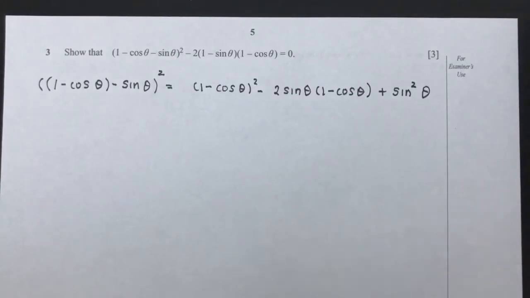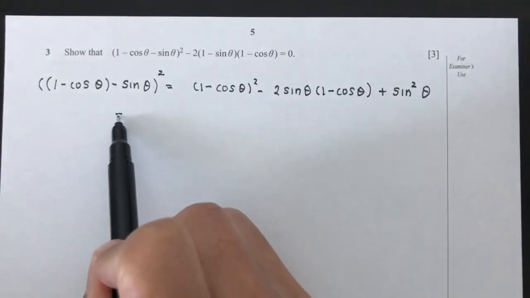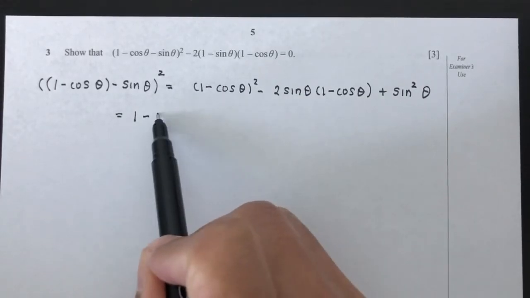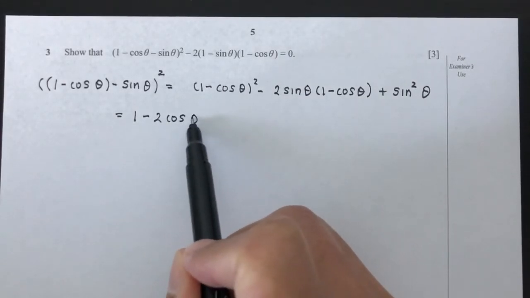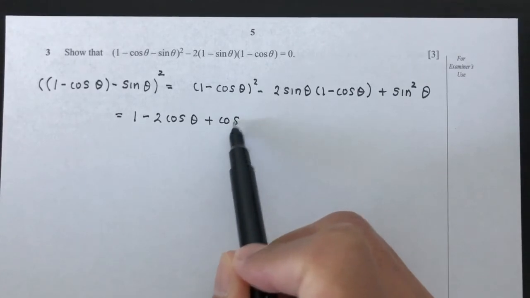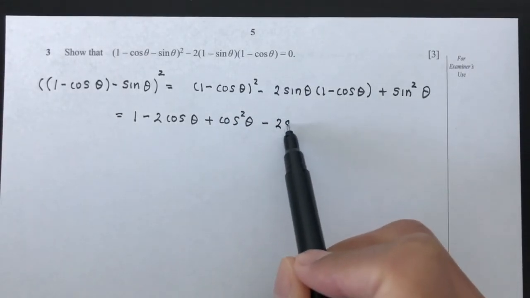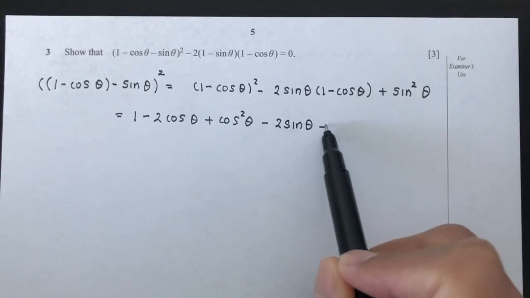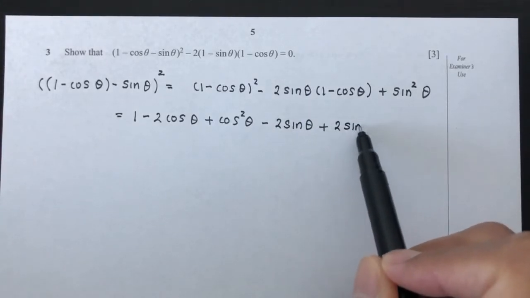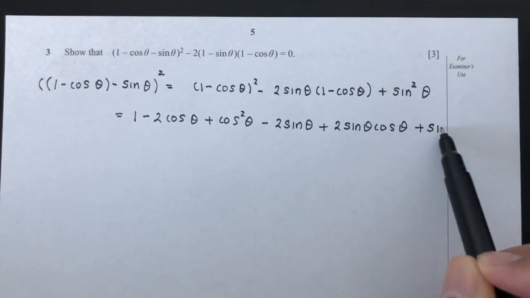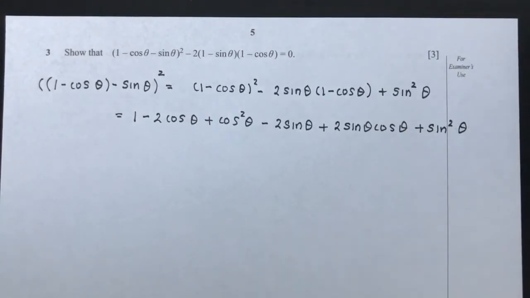Right. Now we have to simplify. So this will give you 1 minus 2 cos theta plus cos square theta, and this will give you minus 2 sine theta plus 2 sine theta cos theta, and then plus sine square theta.